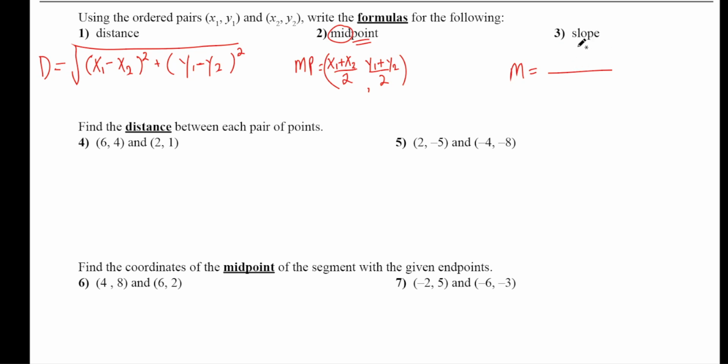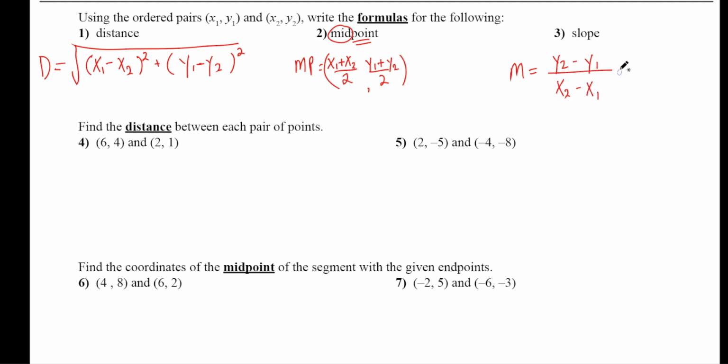What do I put on top? The y's, right. And usually we go y2 minus y1. I could have gone y1 minus y2, but what would I have to do on the bottom? I got to keep them in the same order, right? So if I go y2 minus y1, I got to go x2 minus x1.